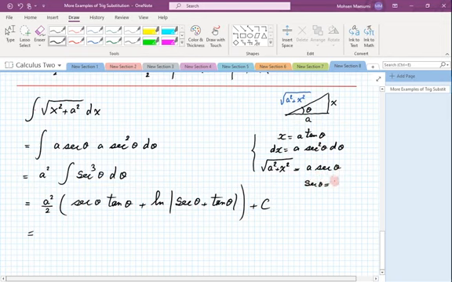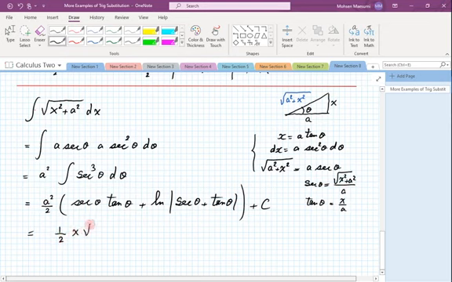What is that? Is that radical x squared plus a squared over a. How about tangent of theta? Well, that's going to be x over a. So when we say secant tangent is the product of these two, when I multiply by a squared, the a squared in the denominator is going to go away, and I'll have 1/2 of the product of these.